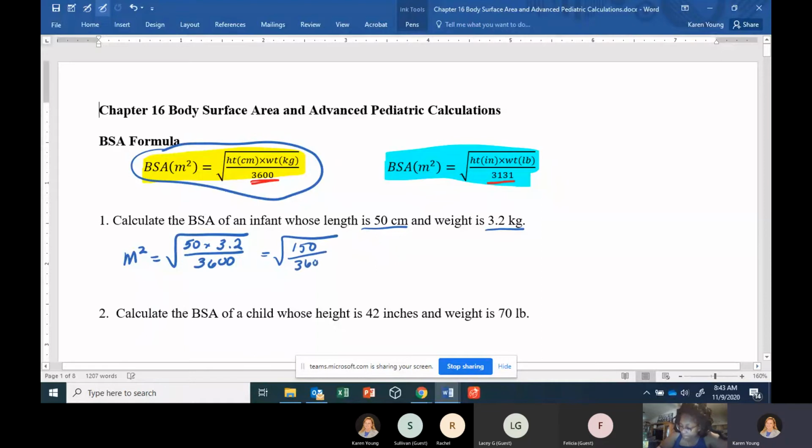Divide that by 3,600. And I get the square root of 0.0417. We're going to take it out to 4 decimal places. And I'm going to have a different calculator.